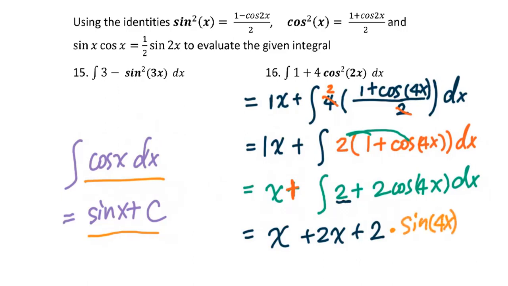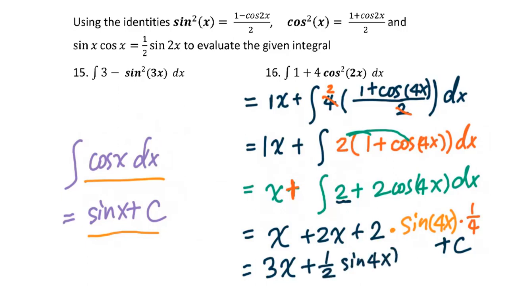Don't forget, multiply by 1 over a is 1 over 4. Then plus c. So we organize, you will get the 3x plus 1/2 sine 4x, then plus c.